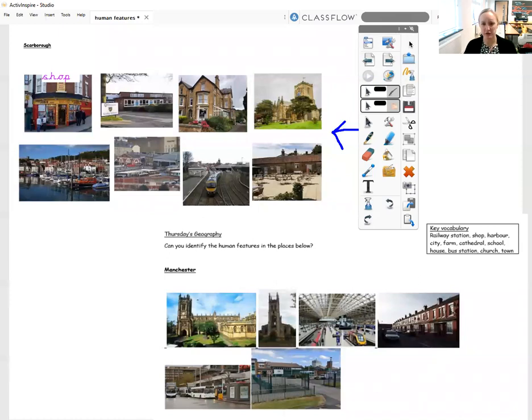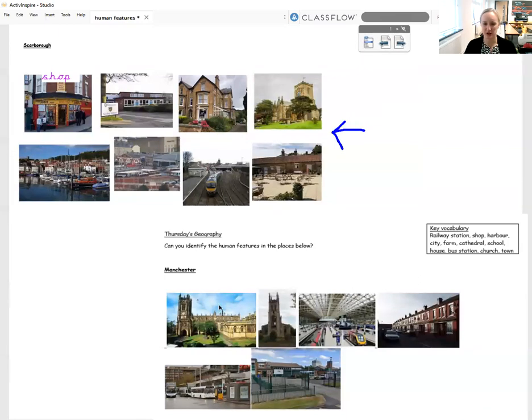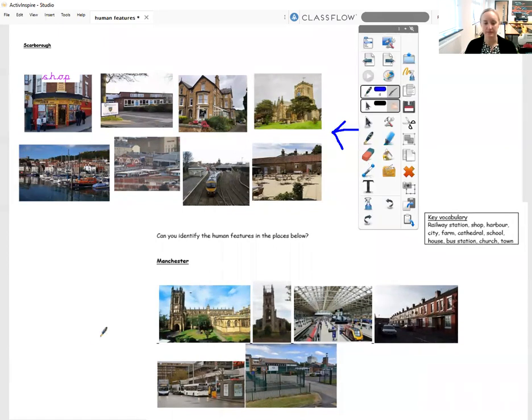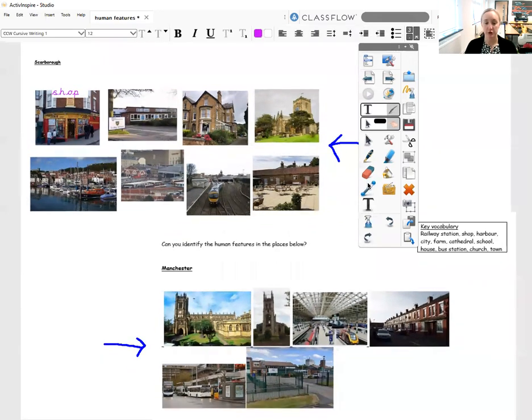And then once you've done Scarborough, I want you to label the features of another place, which is going to be Manchester. So I want you to yet again have a look at each of these pictures down here and see if you can identify the human features. So for example, here, right down at the bottom, I can see that is a school, so I am going to label it.